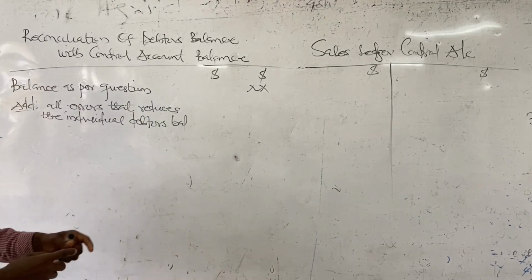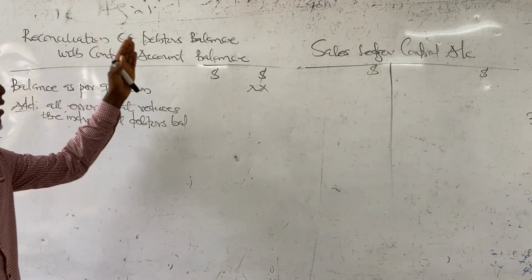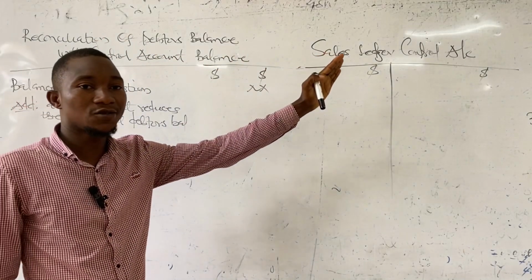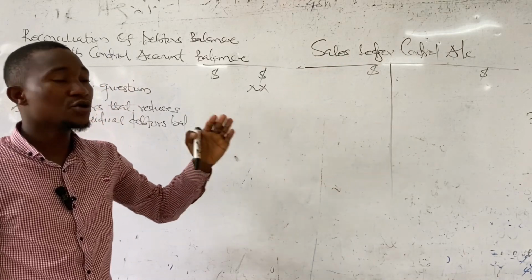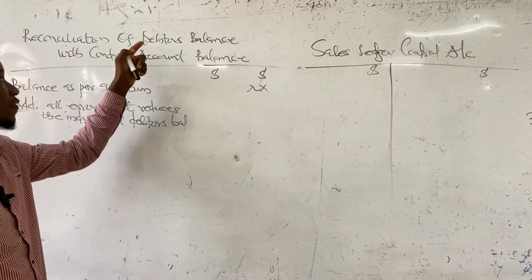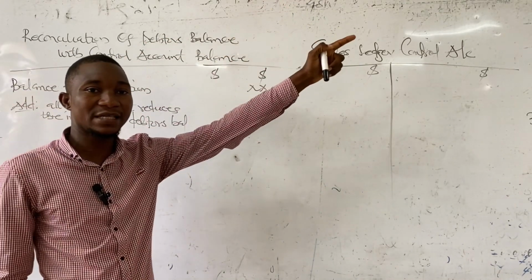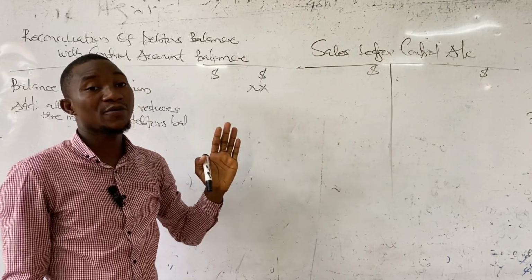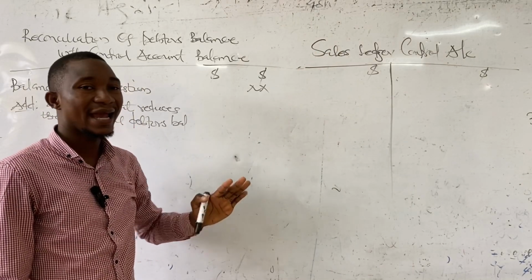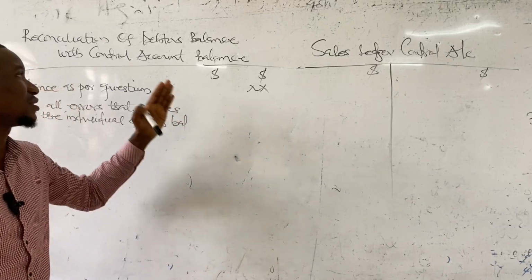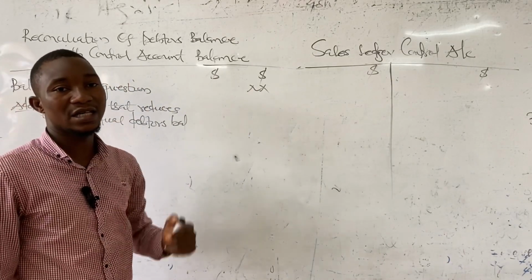But take note that we are reconciling the individual debtors balance against the sales ledger control account. We also have a reconciliation of creditors balance against the purchases ledger. That will be done in our subsequent video, but for now our focus in the question is on how to reconcile debtors balance against the sales ledger control account.